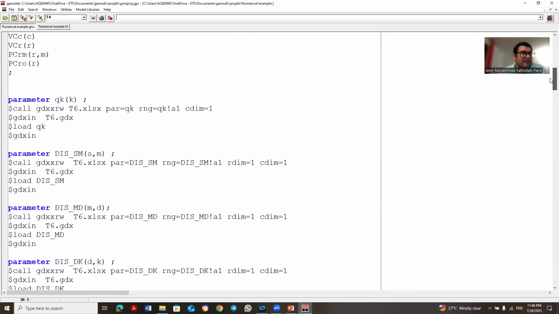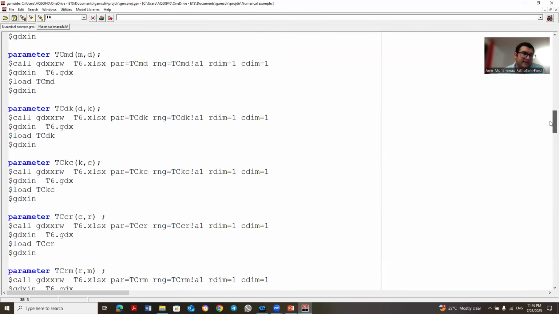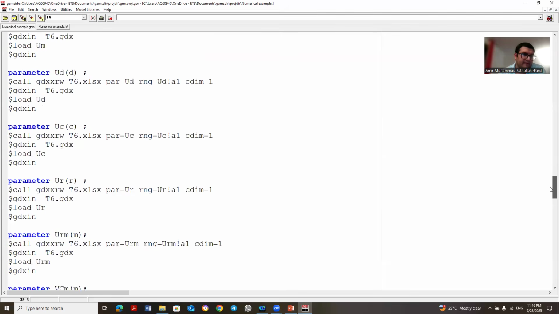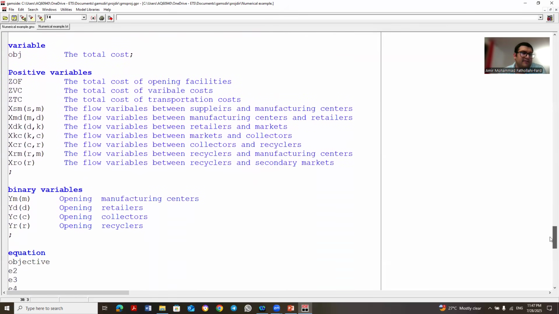In the GAMS software, we then need to call these parameters. All these parameters must get their value. And after that, we define the variables.